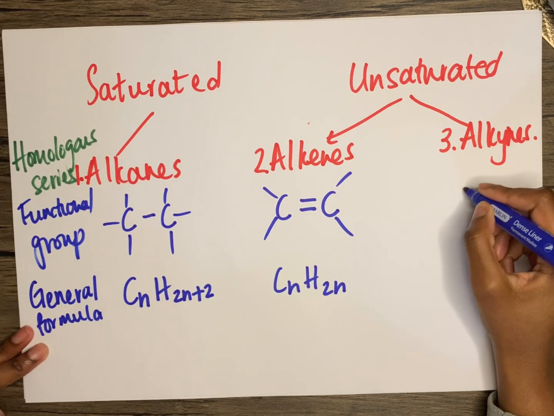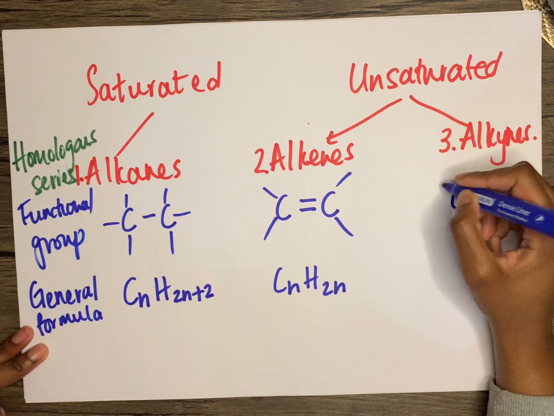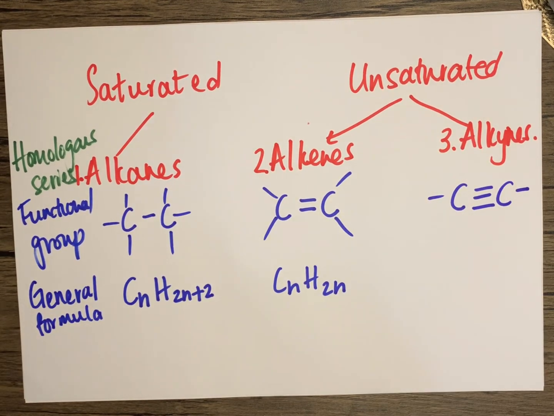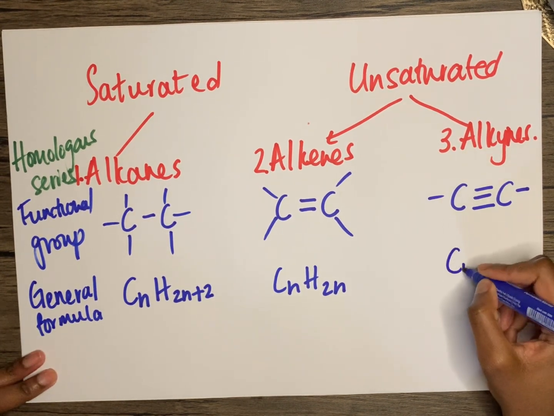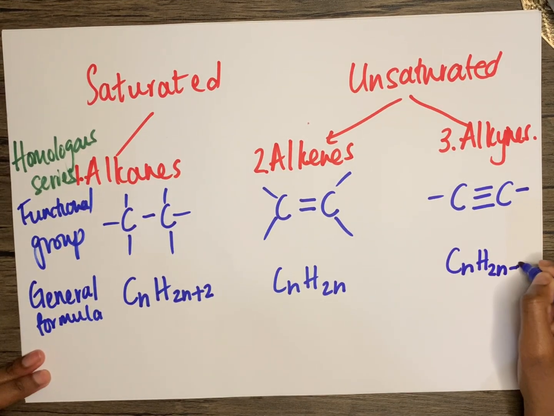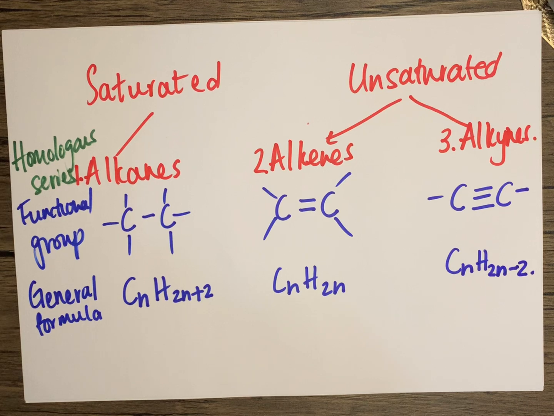And then we can also have alkynes. Their functional group, their special feature, is a triple bond between adjacent carbon atoms. Their general formula is CnH2n-2, right?